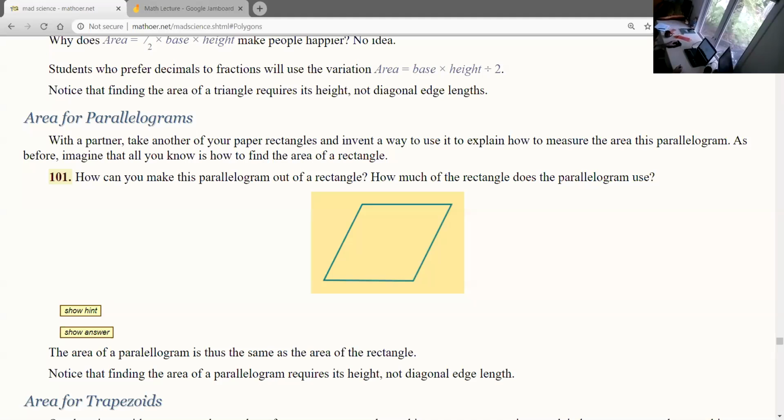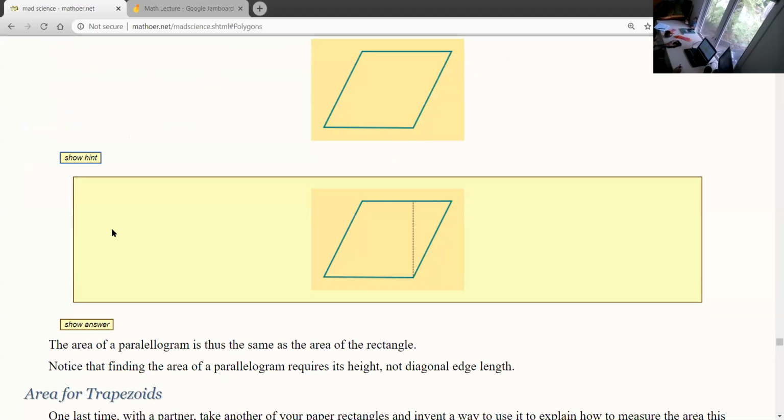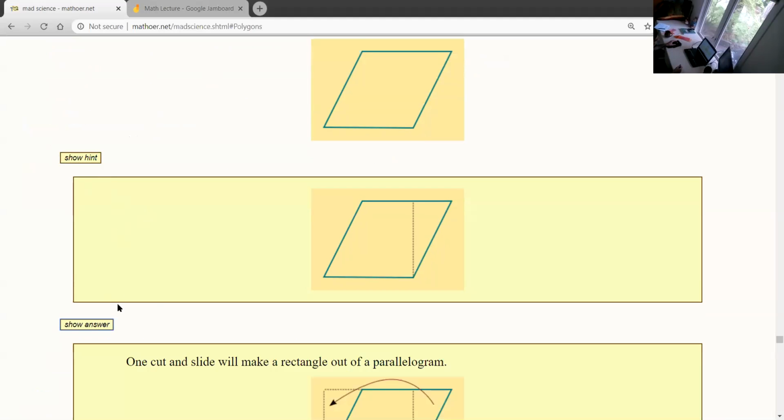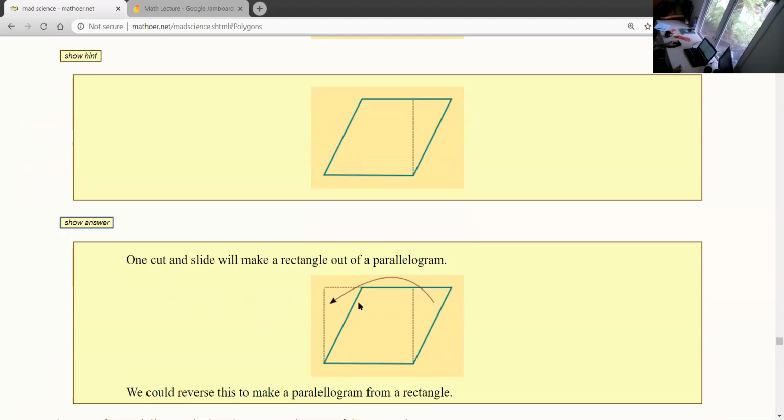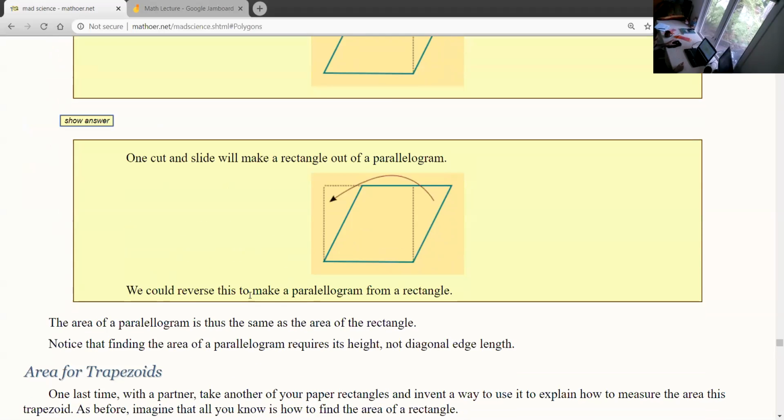Okay, back to the screen. So here's the hint about that, if you like it on the screen instead of in my lap. And then here is the picture of, look, I can move things back and forth and it doesn't do anything. So the area of a parallelogram is the same as the area of a rectangle.